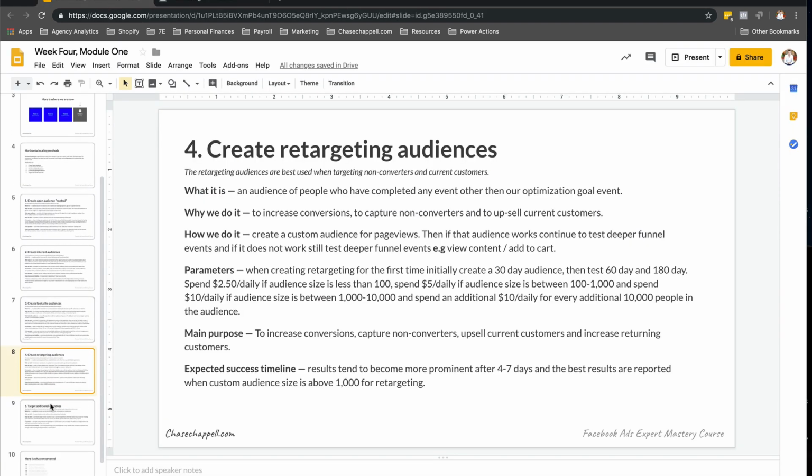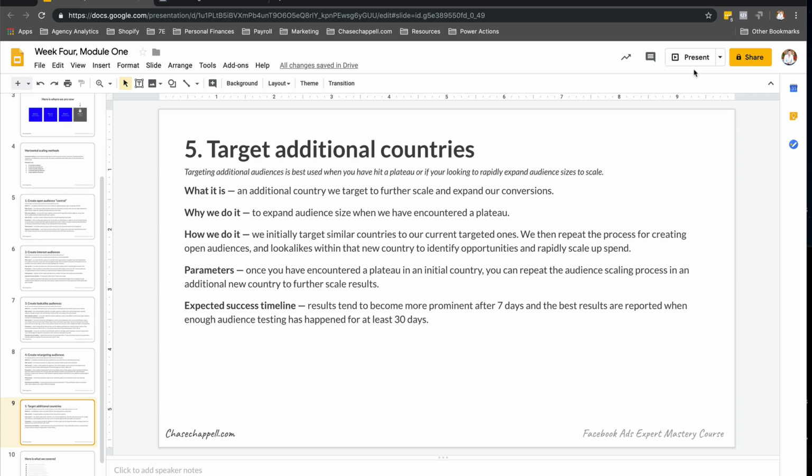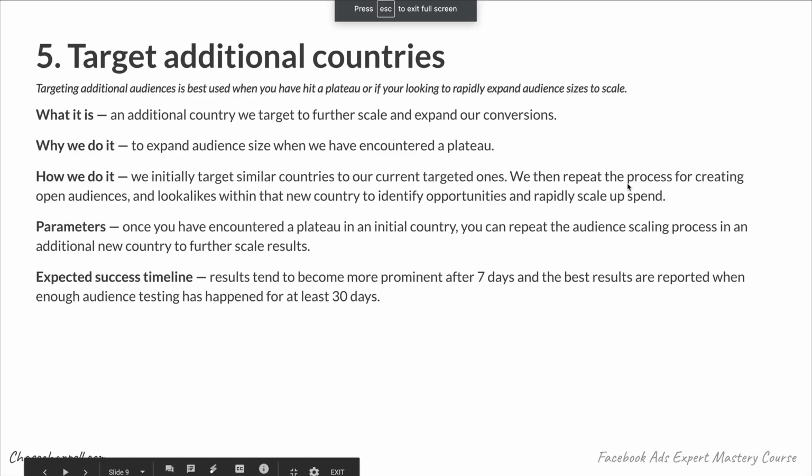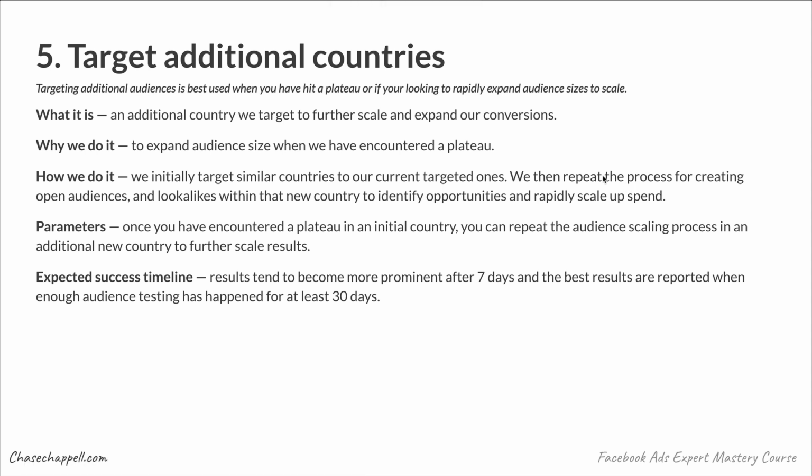So the next one is target additional countries. And targeting additional countries is best used when you have hit a plateau or if you're looking to rapidly expand audience sizes to scale. What it is, basically, is an additional country we target to further scale and expand our conversions. And the reason we do it is to expand our audience size.